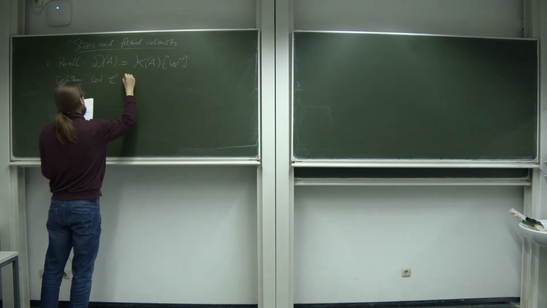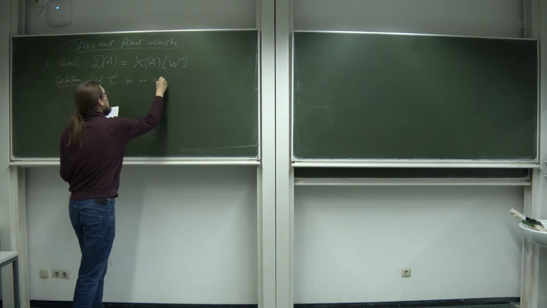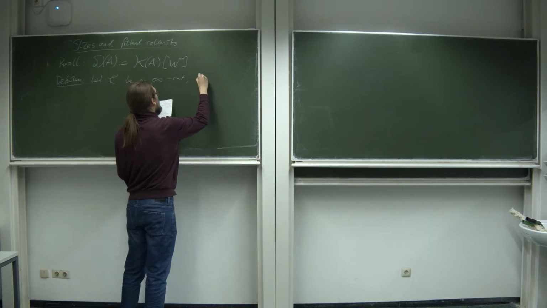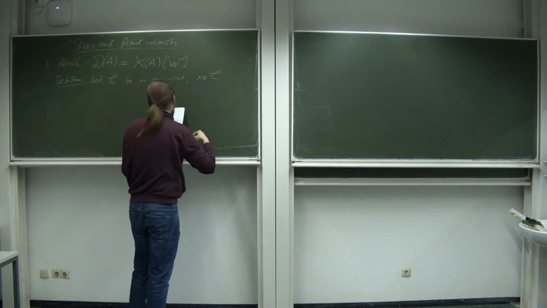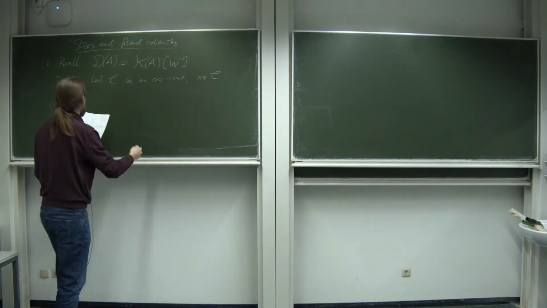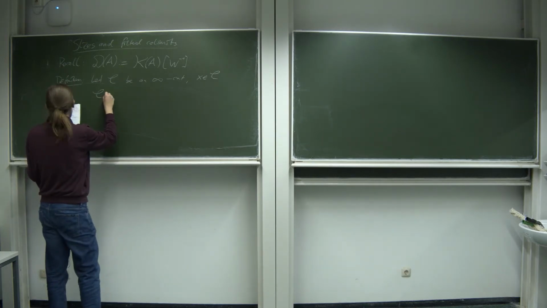If C is an infinity category and X in C is an object, then we define two other infinity categories.